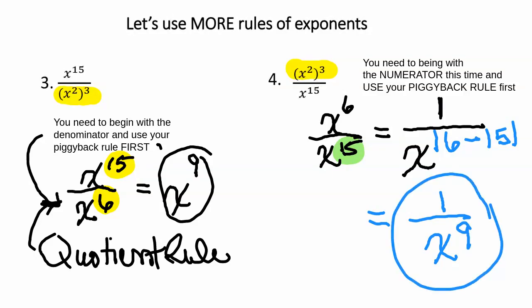Okay. These bars mean absolute value, which means I have to get a positive exponent, but it's in the bottom because 15 is bigger than 6. Okay.